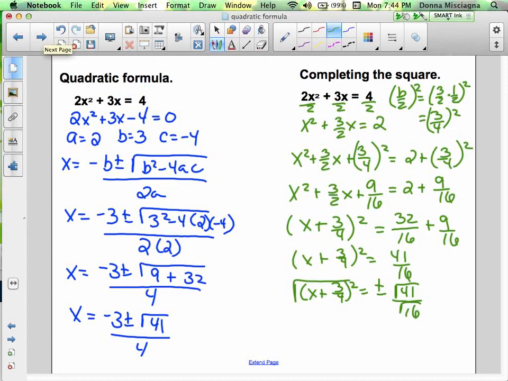And so square and square root will cancel. We have x plus 3/4 equals plus or minus the square root of 41, that's not going to simplify, it's a prime number, and the square root of 16 is 4. All I've got to do is subtract 3/4 from both sides. X equals negative 3/4 plus or minus the square root of 41 over 4.